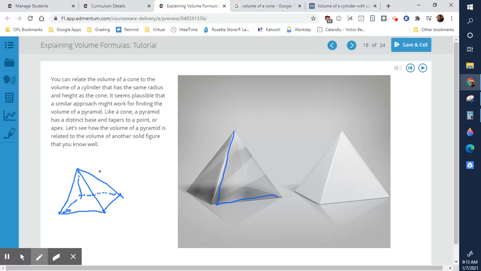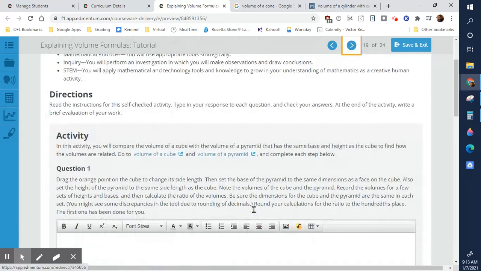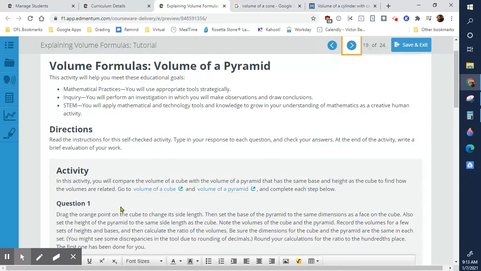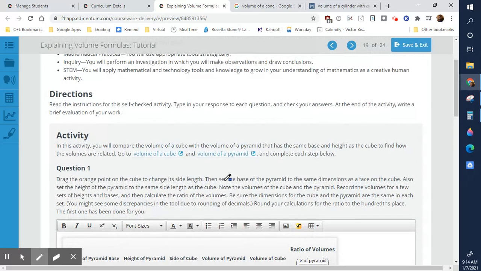All right, so side of base. By side of base, we're assuming that these are squares. So that's why we're looking at a volume of a cube. We're assuming that every face is a square. So the side here and the side here are the same as the height that we're going to talk about.